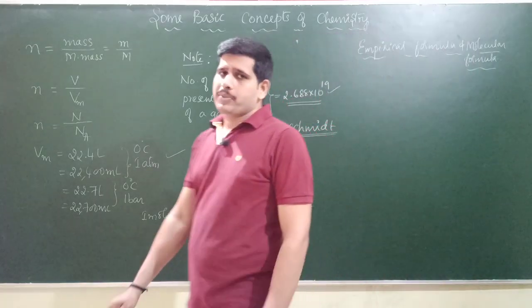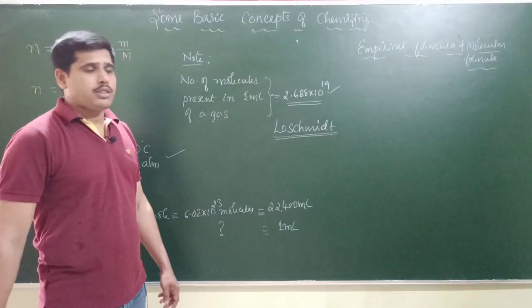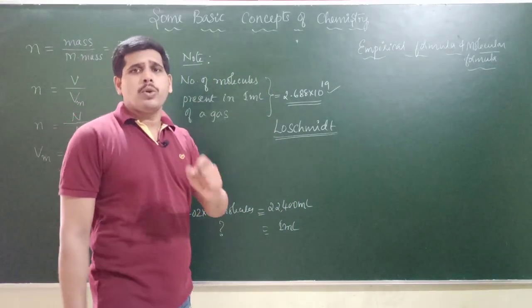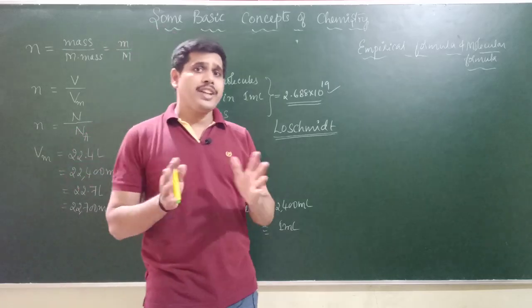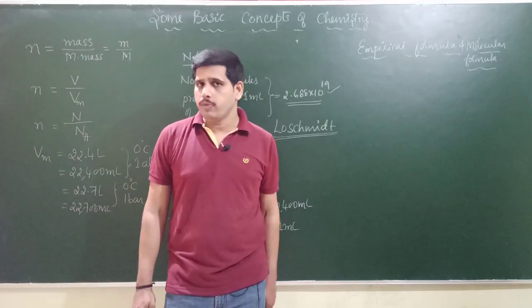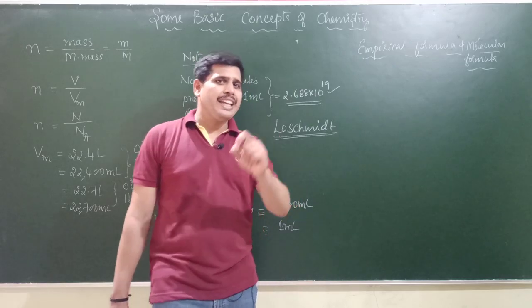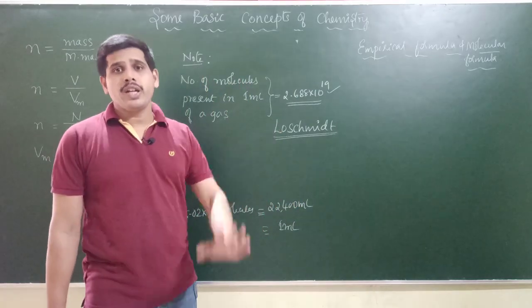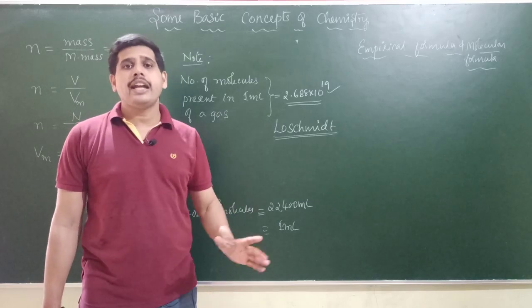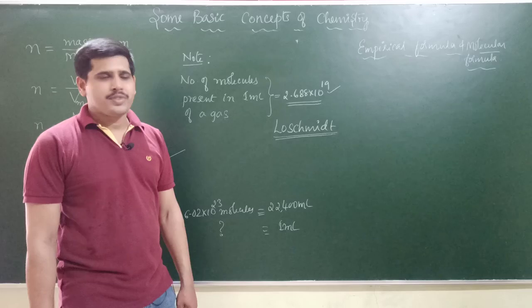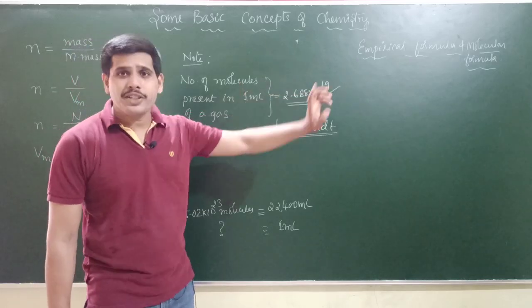Very basic concepts again. The empirical formula stands for the simplest whole number ratio of different atoms present in any given molecule. I repeat it: the simplest whole number ratio of different atoms present in a molecule is called the empirical formula. Then its continued version is your molecular formula.